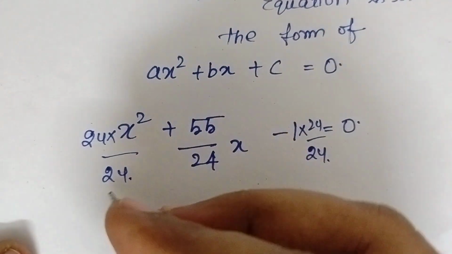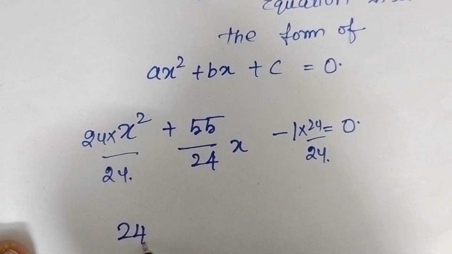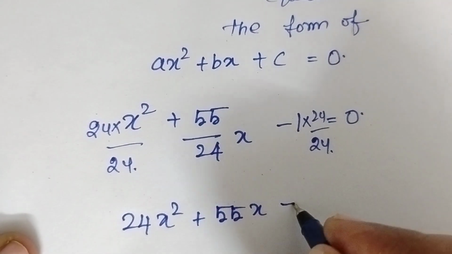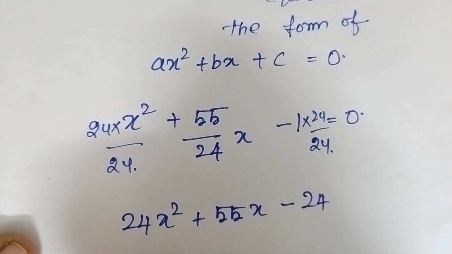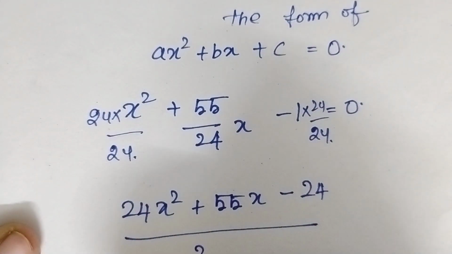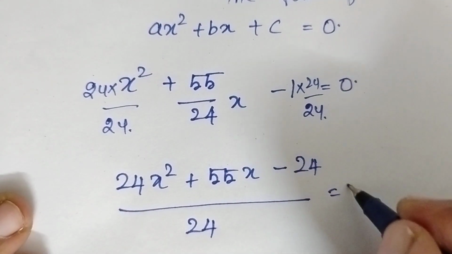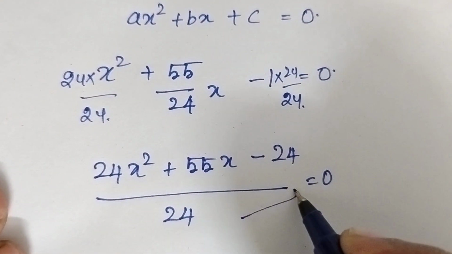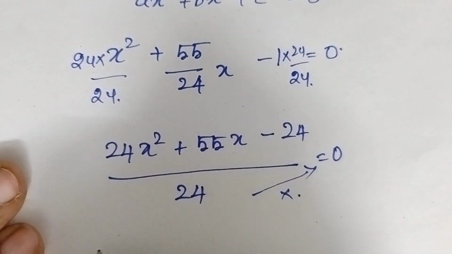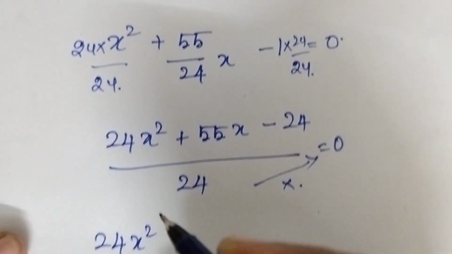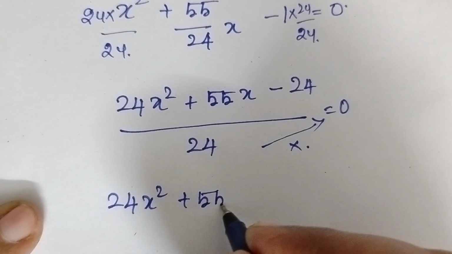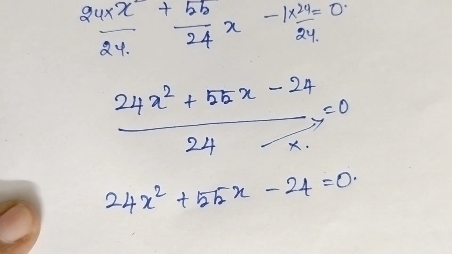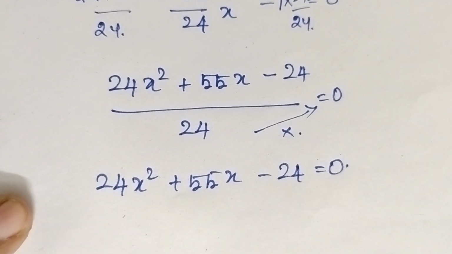Then this equation becomes 24x square plus 55x minus 1 into 24, divided by the common denominator 24, is equal to 0. If I cross multiply, the equation becomes 24x square plus 55x minus 24 is equal to 0. This is the actual equation we have.